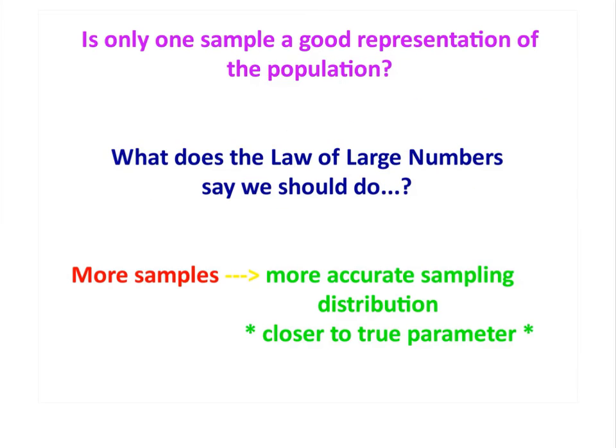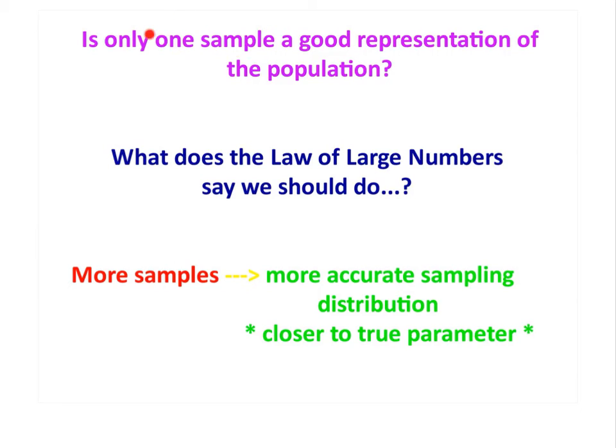So if I think about it, is only one sample a good representation of the population? Is taking that one sample of 1,102 12 to 17-year-olds a good representation of the entire population? Or just that one sample of 50 10-year-old boys?